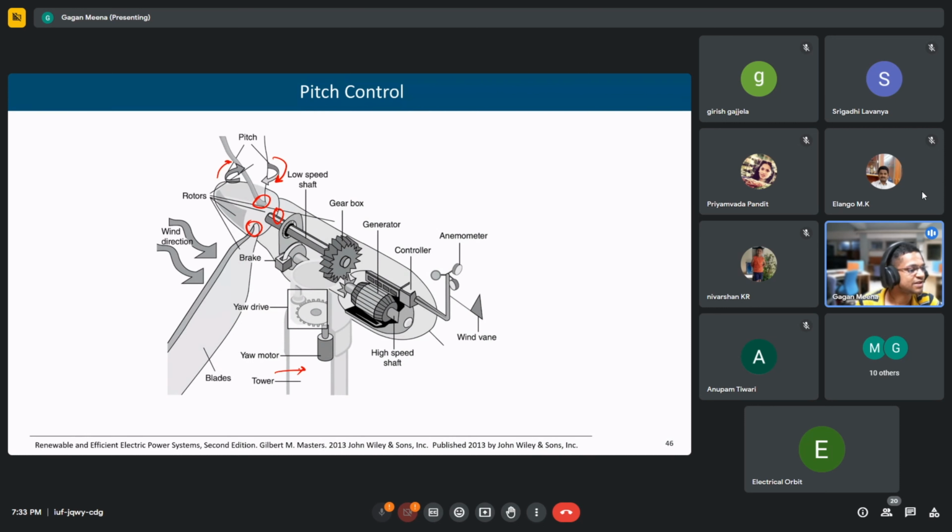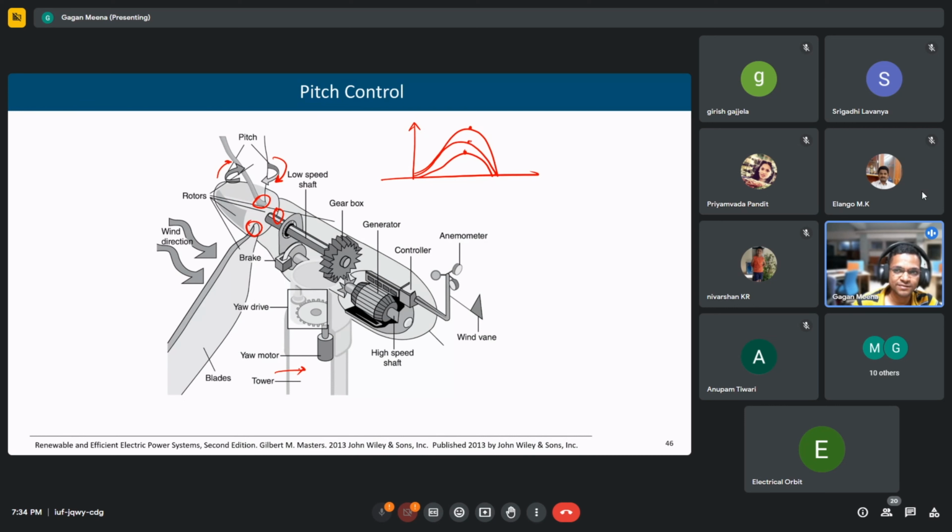And depending upon the wind speed, because we want to extract the maximum power, for wind also we have a curve. We want to operate for different wind speeds. This curve is different for each, and we want to operate at the maximum point.